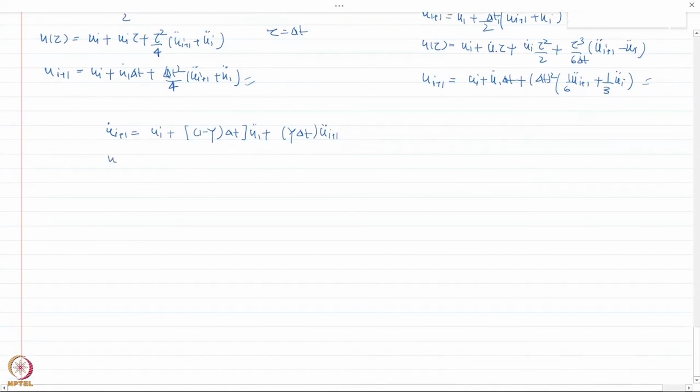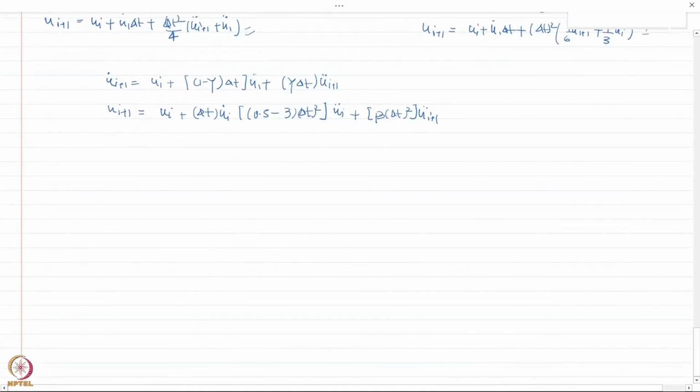Similarly, I would combine both these expressions and write down my displacement as this expression here. Okay, so I have now written it in terms of constants gamma and beta.